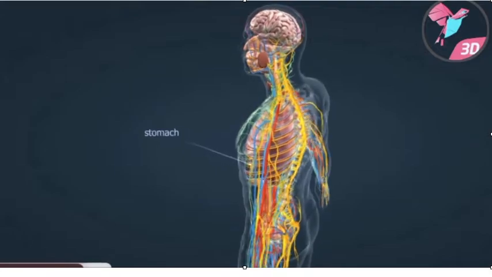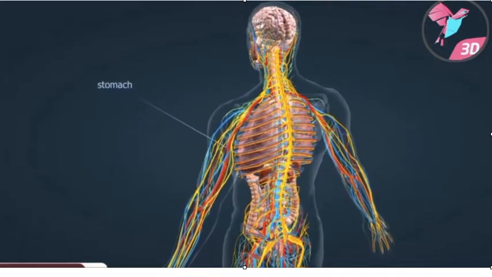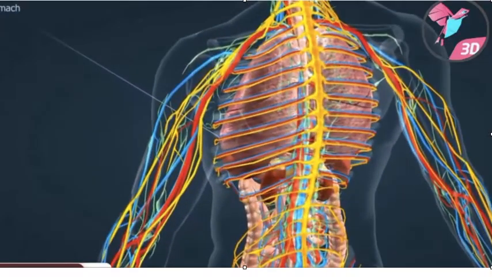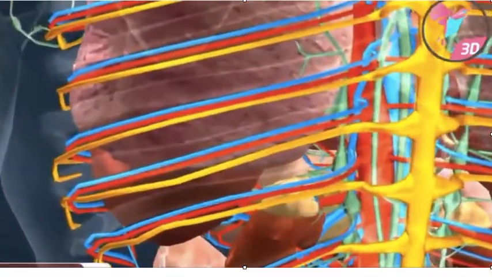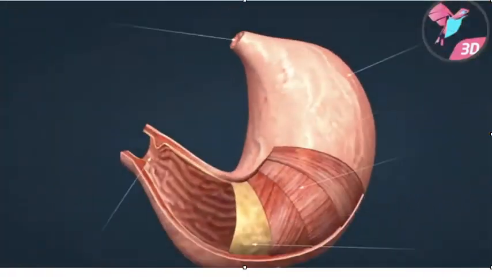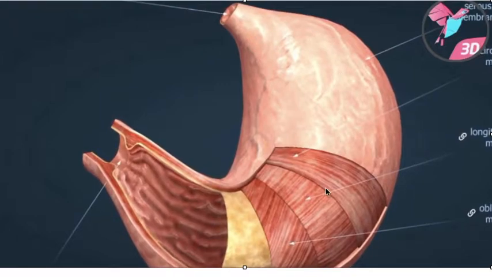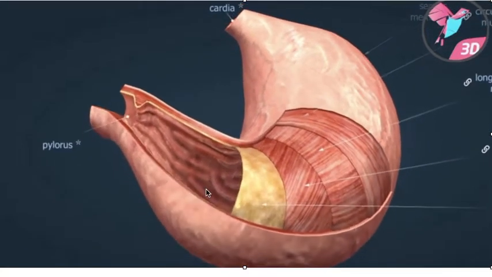The stomach and its histological structure. So this is the stomach. You can see this is the cardiac part, pylorus part. This is the muscularis externa. You can see the rugae inside.